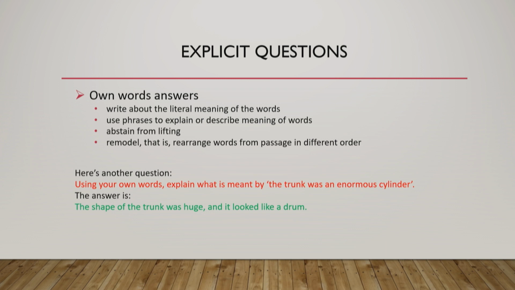Remember that you are not expected to explain any technical terms. However, you should abstain from lifting whole sentences or parts of sentences from the comprehension. If you cannot find alternative words, you can always remodel, that is, rearrange the words in a different order.